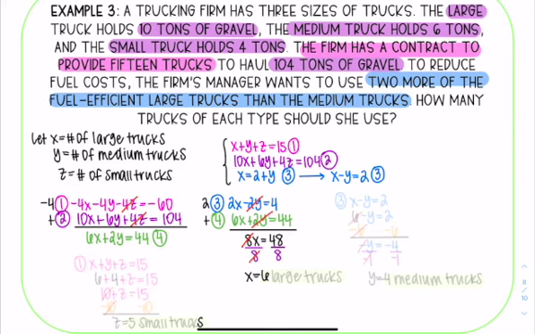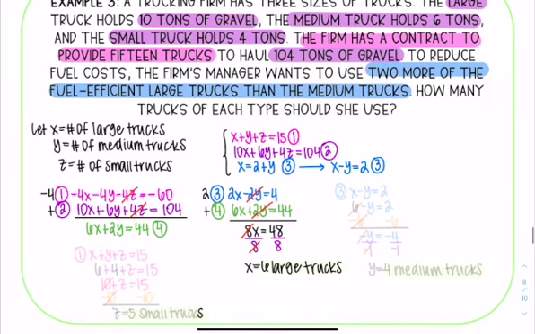And that was the large trucks. So we have 6 large trucks that are being rented. What about the medium and the small trucks? Well, we can plug our x into equation 4 or 3 to get the other variable. So I'm going to plug it into equation number 3. We end up getting 6 minus y equals 2.